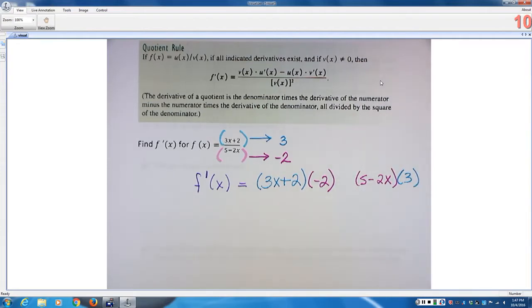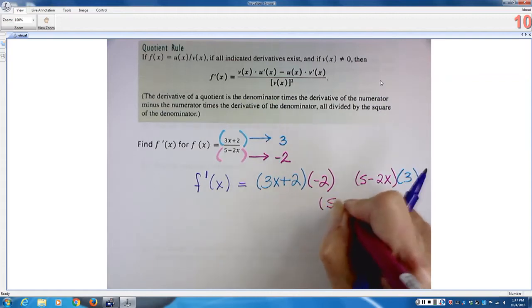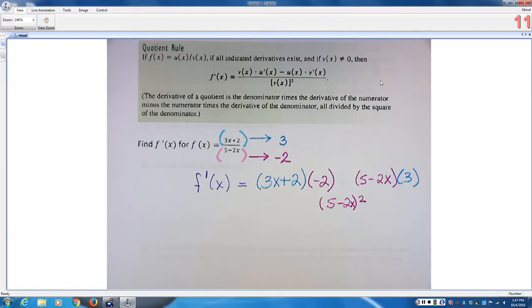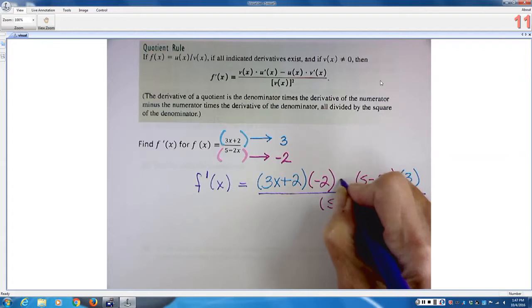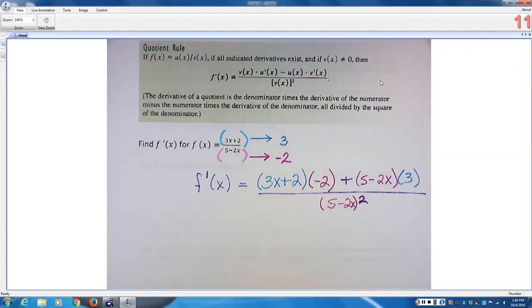And then we also take the denominator and we square it for the new denominator. So the part that I just put in purple there, the plus sign, the bar and the fraction and the squared, is actually part of the rule. Okay?